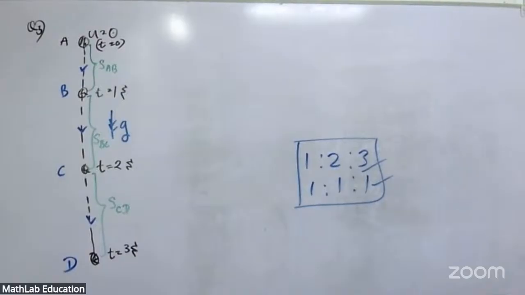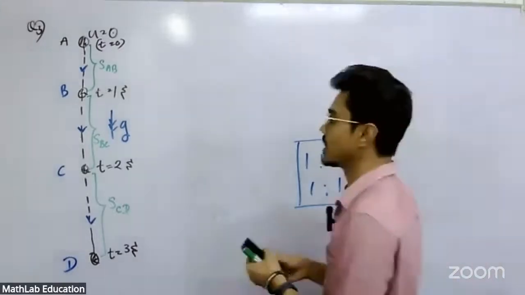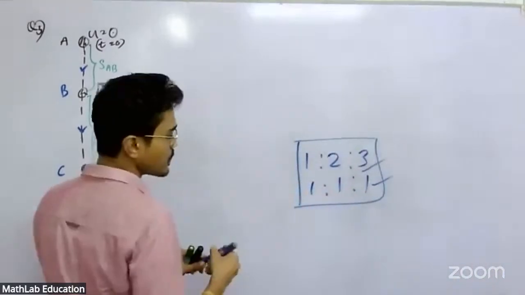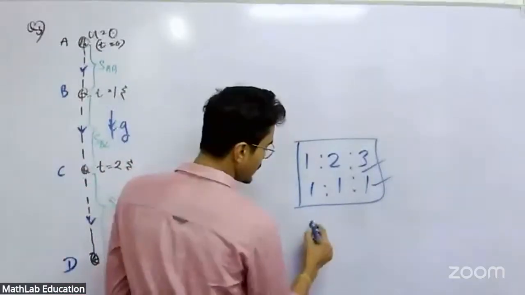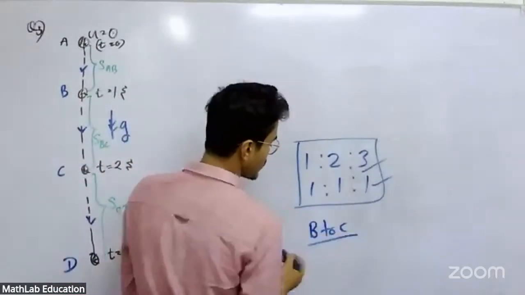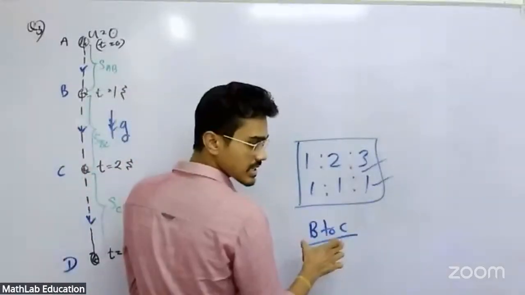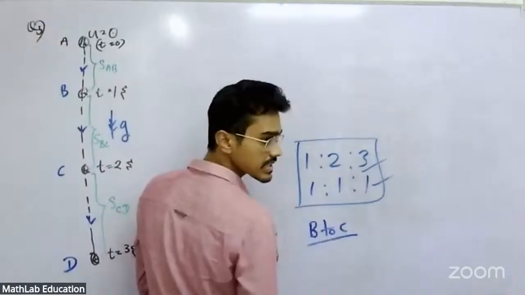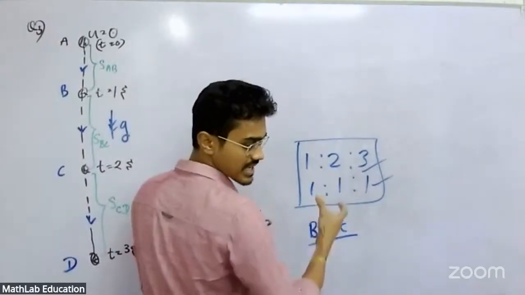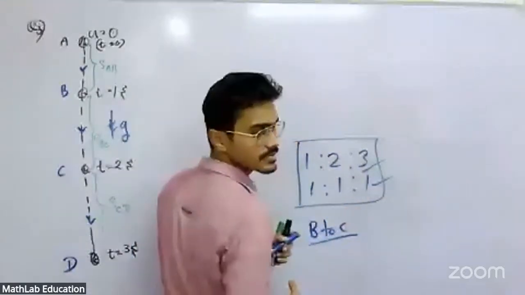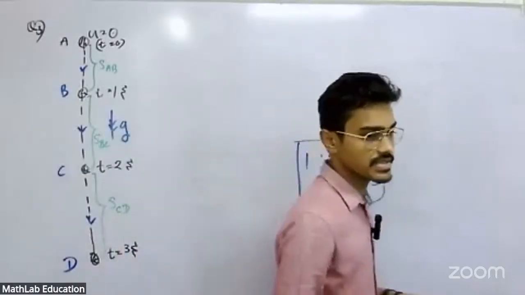Now listen, as an example, that is why this question is given. If you are thinking of applying an equation from B to C, for this particular section the initial point is B and the final point is C. But it changes section-wise. That's why we mention the section.